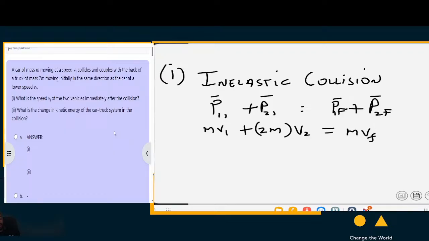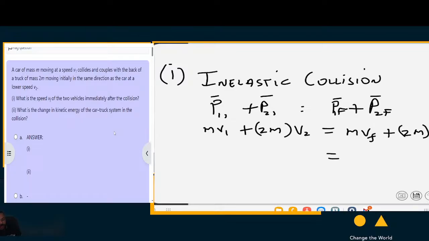Now they are coupled together, so they will have the exact same velocity afterwards. So Vf will be the same for both. It is 3m Vf.